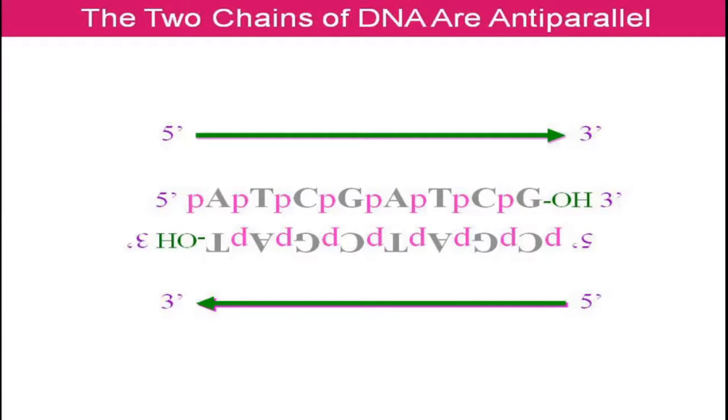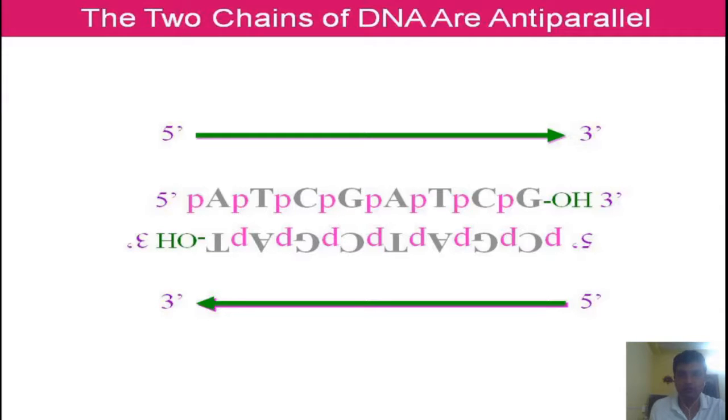Now, as I told you, there are two types of nucleic acids, DNA and RNA. The basic difference between these two is that DNA is a double stranded molecule, whereas RNA is a single stranded molecule. DNA is a double helical molecule. It consists of two strands.